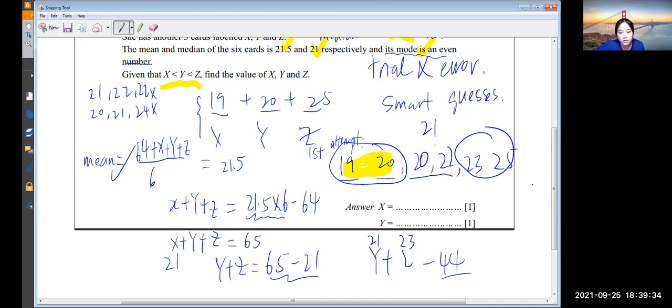The median is 21. Okay. And then do they add to 65? Yes. So median 21 feet, add to 65 feet, mode even feet. Done.